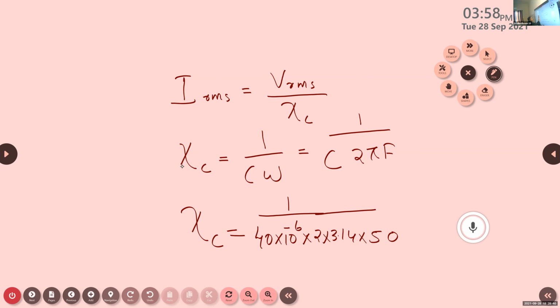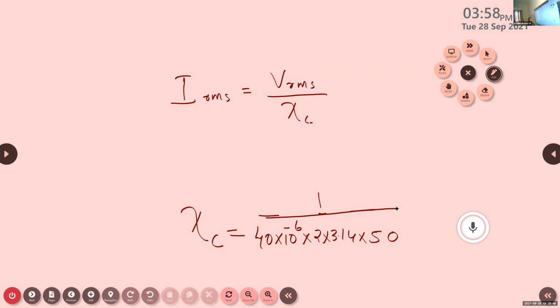The equation for calculating IRMS is VRMS divided by XC. So IRMS is equal to VRMS, which is 200. Is it 220 or 200? VRMS is 200. So 200 divided by XC, which is 1 by 40 into 10 raised to minus 6 into 2 into 3.14 into 50.